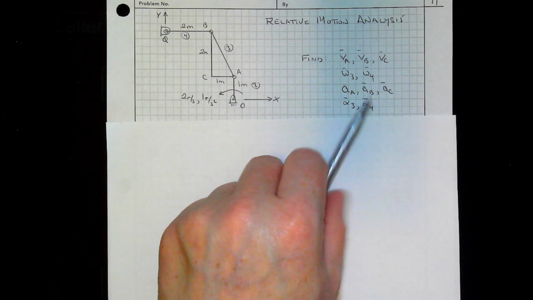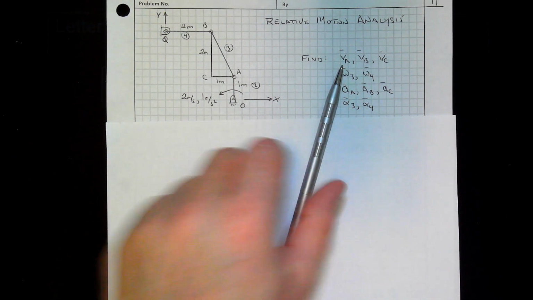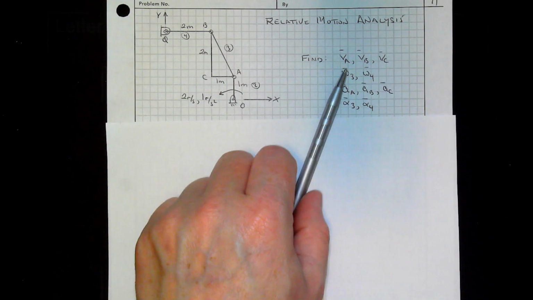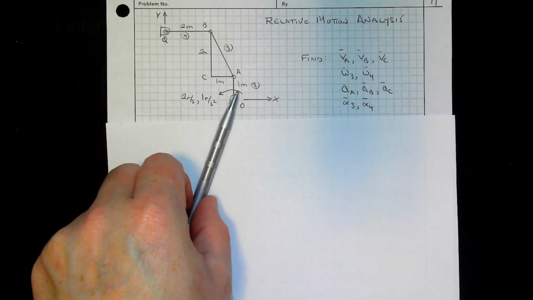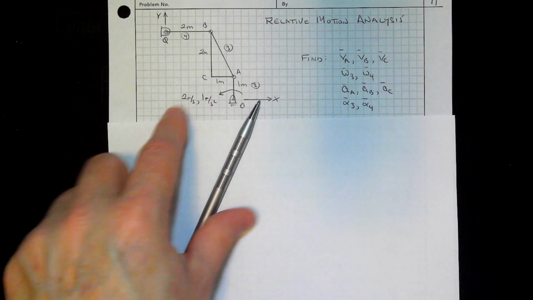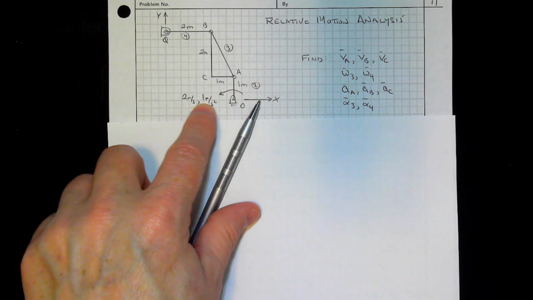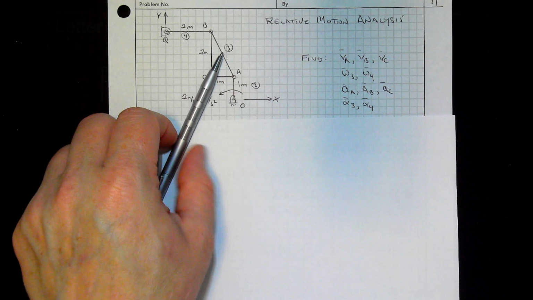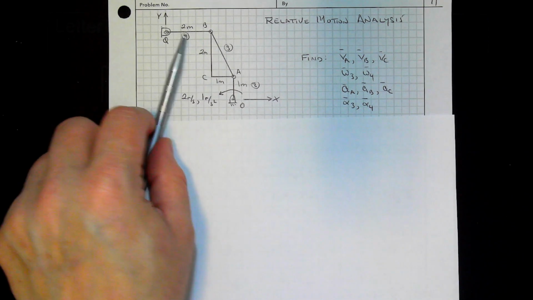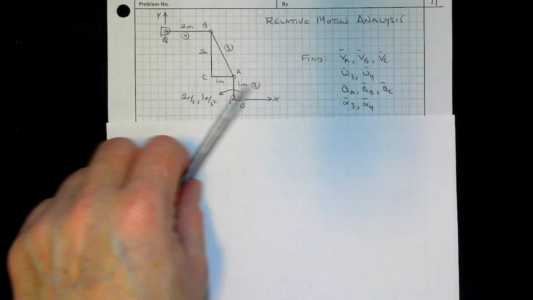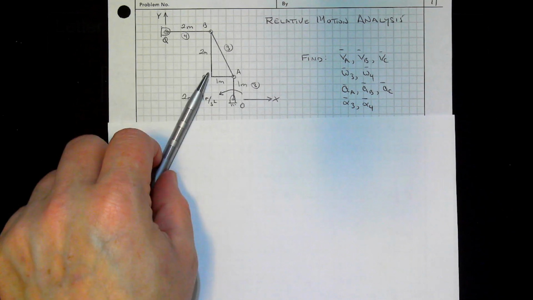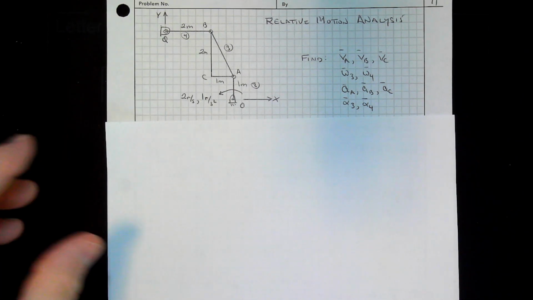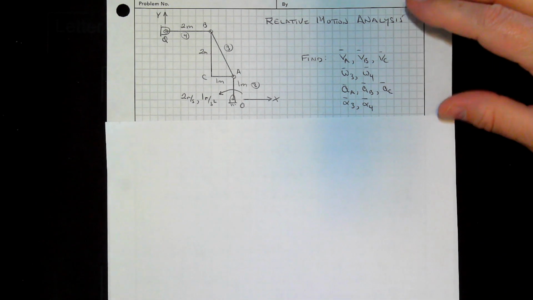So I want to use relative motion analysis and figure out velocity at A, B, and C, and omega 3 and 4, because for link 2 I know its angular velocity and angular acceleration, so I want to get angular velocities and angular accelerations for links 3 and 4. And likewise, I want to get acceleration for A, B, and C. At that point, we'll pretty much know everything about this mechanism.